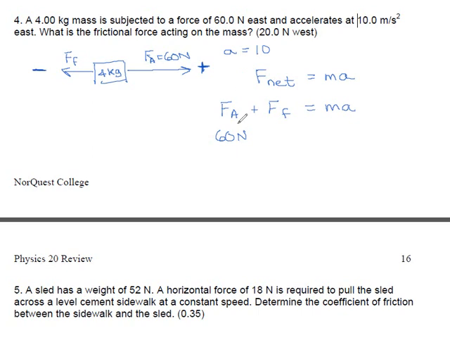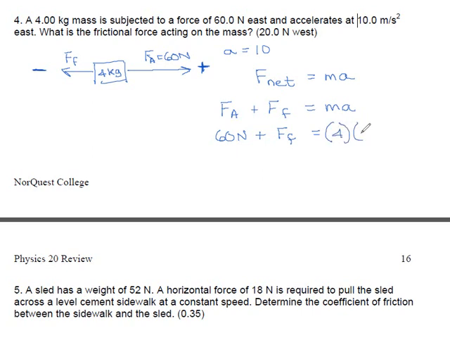So this applied force gets called positive 60. And then we have a friction force. I don't know what it is. I know it's going to be negative, but I'm not going to do anything to make that happen. The math will give me that negative sign. For now, I'm just saying, pretend you don't know anything about this force. Just put a plus on it. It'll come out okay. The mass of the object is 4 kilograms.